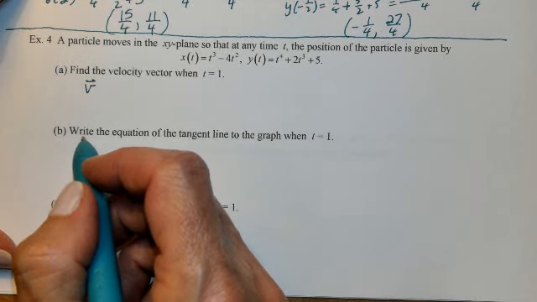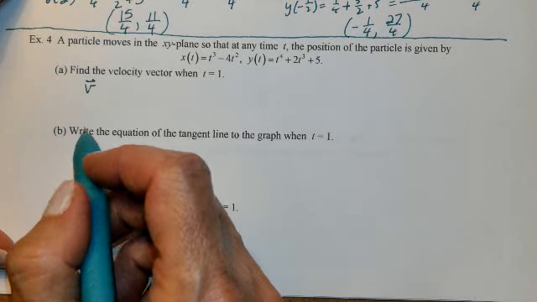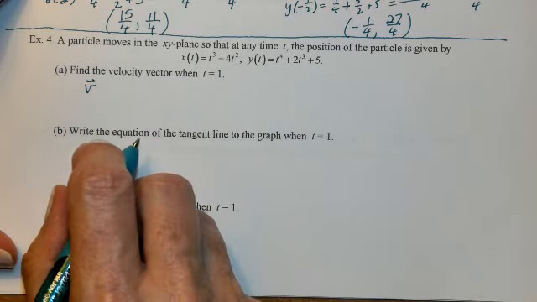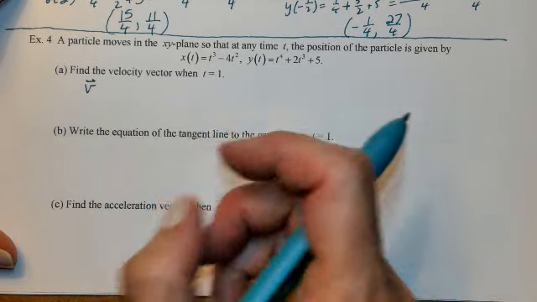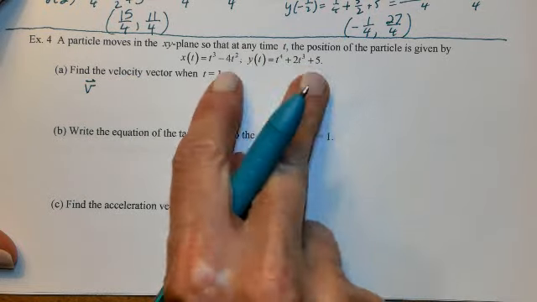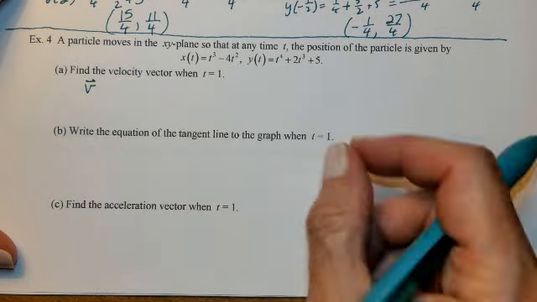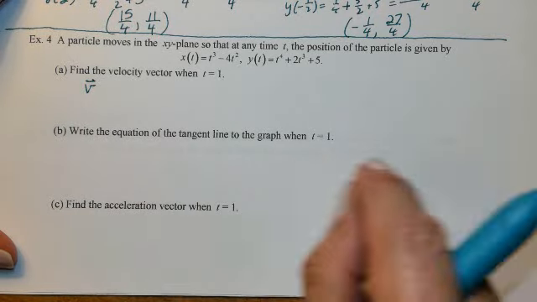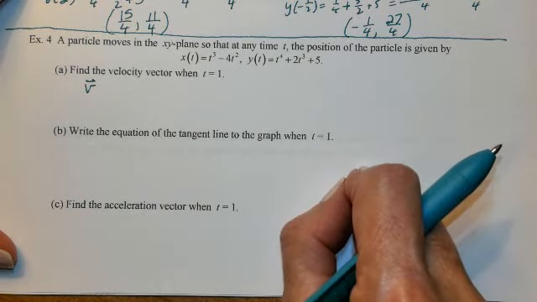I don't know how many times on this test I've had kids, when I ask to find the velocity, give me a number. Like, no, you're missing the whole point. If we're in parametrics, the velocity has to be a vector. It has to have an x component, it has to have a y component.